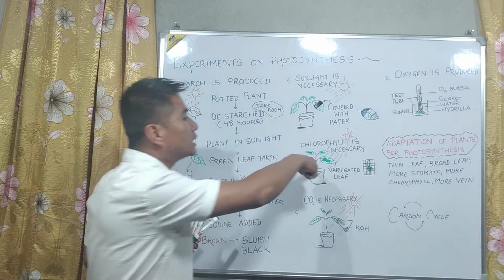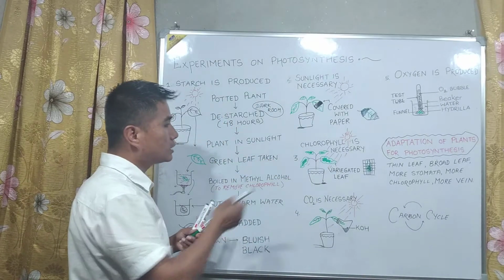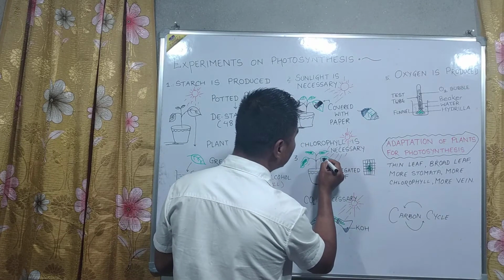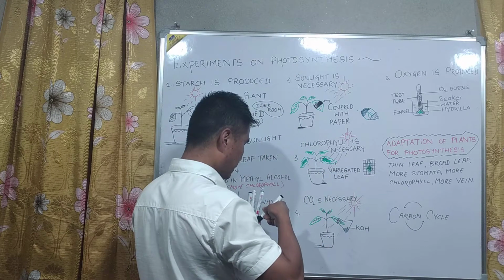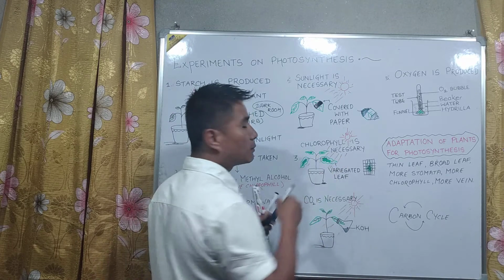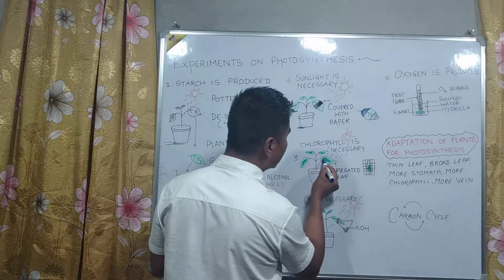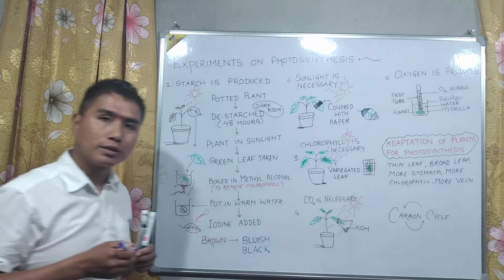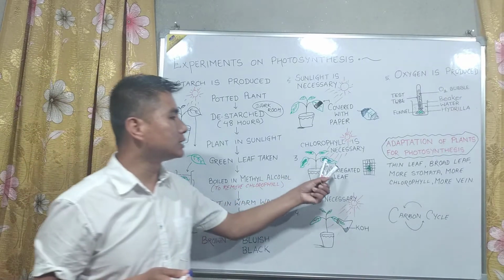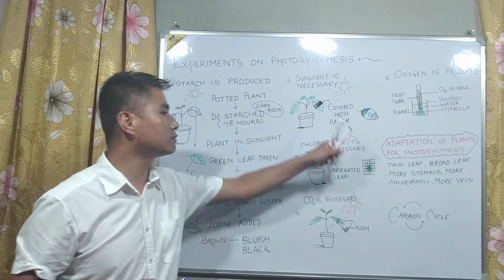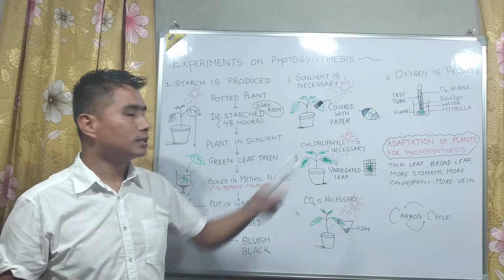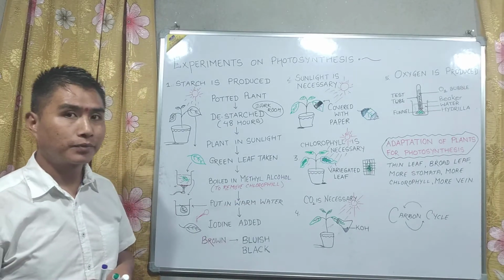The rest of the portions do not show any change in color. Why? Because chlorophyll was absent in that region. Here also it proves that chlorophyll is necessary for photosynthesis. As a result, starch was not produced there.